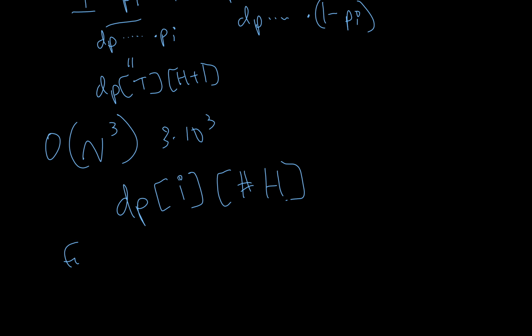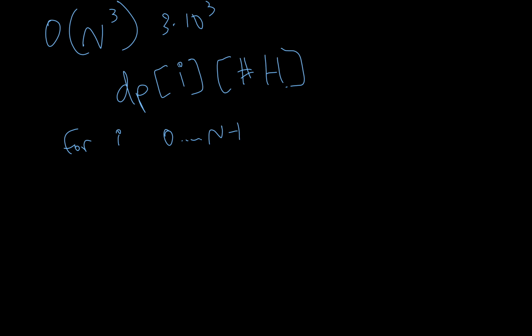So you take each i from 0 to n minus 1, and you consider, given all the ones previously, what is the probability given I flip this coin. So for all j, it's just 0 to i, because you can have at most i.